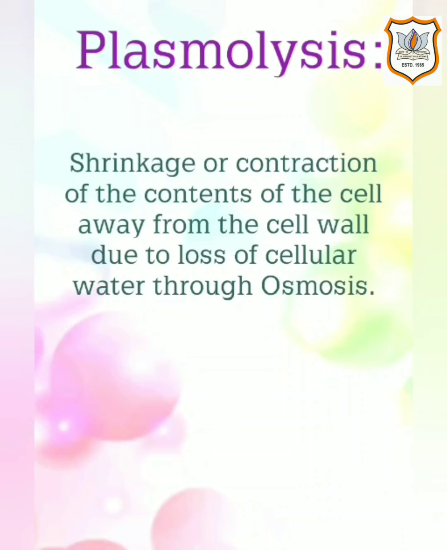Then the cell swells and builds up some pressure against the cell wall, and the wall exerts an equal pressure against the swollen cell. Because of their walls, such cells can withstand much greater changes in the surrounding medium than animal cells. This is possible only with the help of the cell wall, which is not in animal cells.